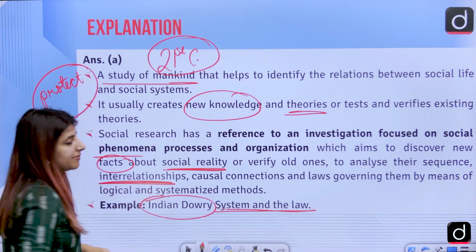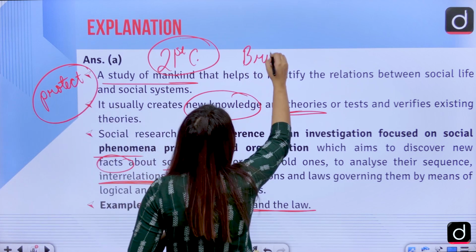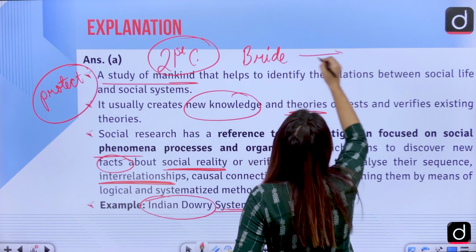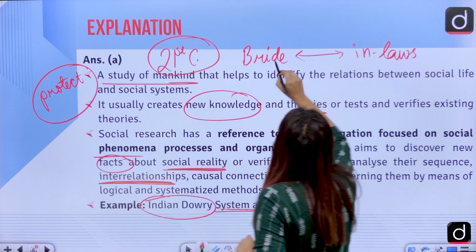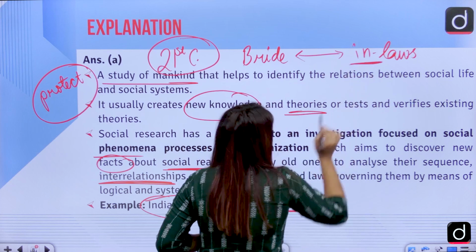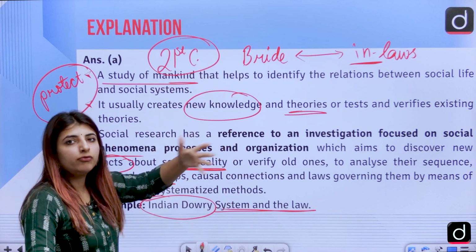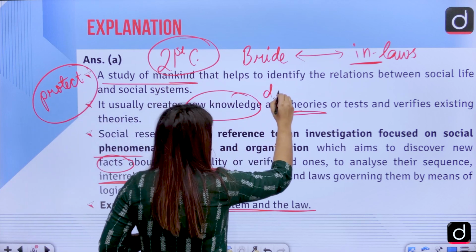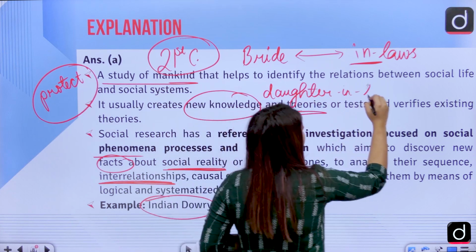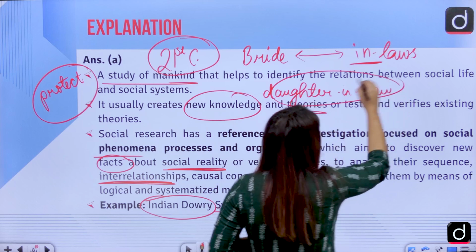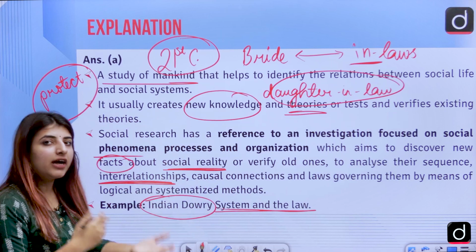Their interrelationships. Let's see the interrelationship of a bride with her in-laws. Some in-laws treat their daughter-in-law nicely because she has brought much dowry as compared to the younger one.